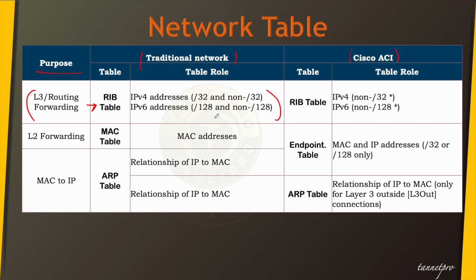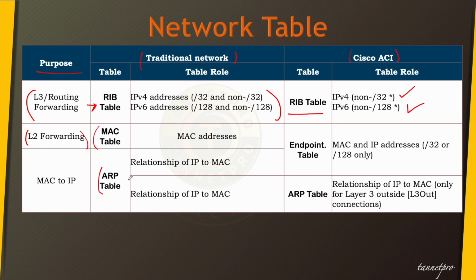And yes, for Cisco ACI we maintain the same thing, the RIB table. Here we maintain non-/32, or non-/128 for IPv6, IP addresses, right?